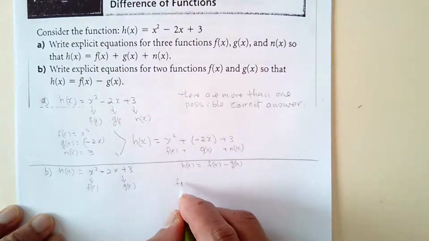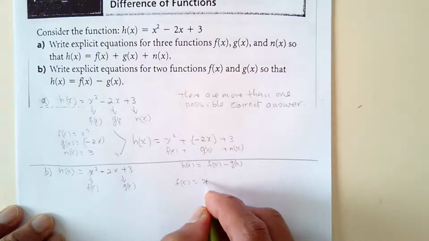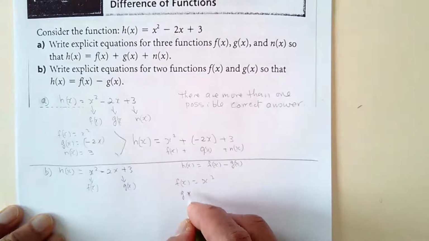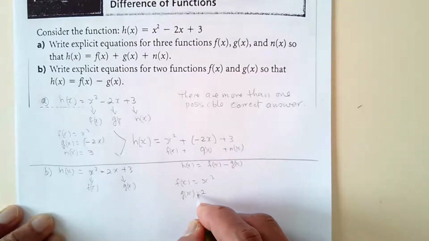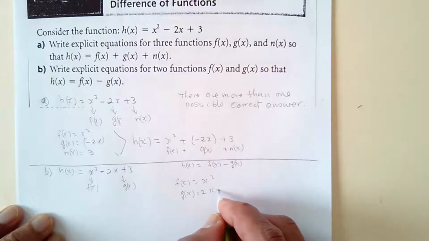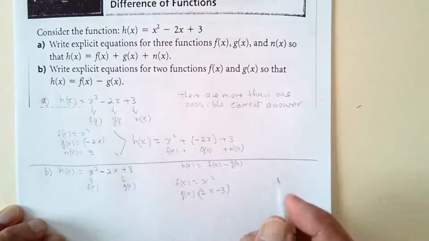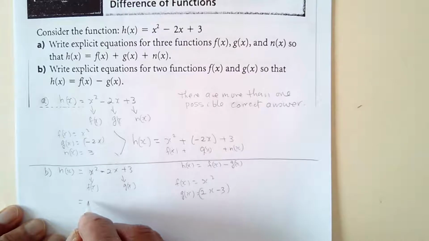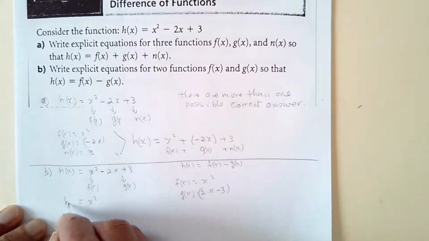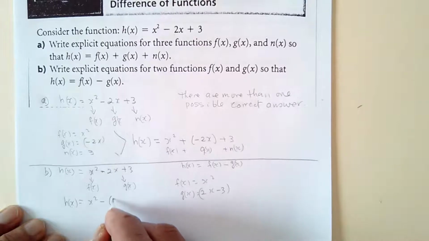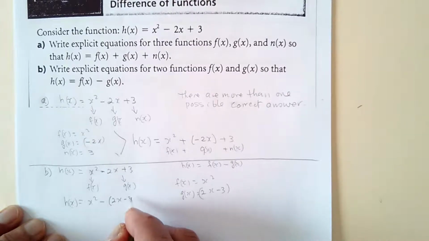So we write f of x is equal to x squared. So g of x will be 2x minus 3. So we can write this as x squared minus 2x minus 3.